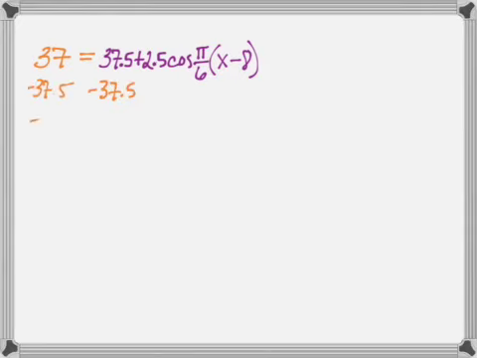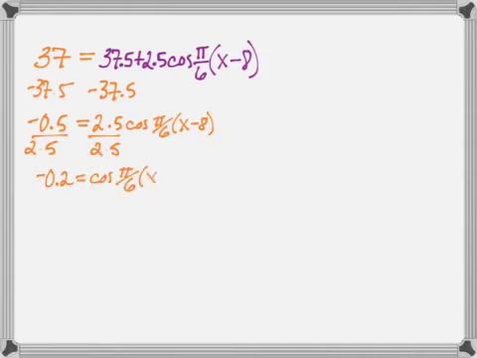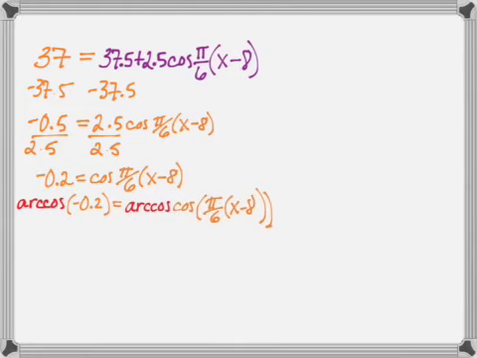So I start plugging through it, just like you did in algebra class. I divide by 2.5. And now to my inverse operation for cosine, I'm going to use arc cosine. So I apply it to both sides. Arc cosine of negative 0.2, arc cosine this. These are going to cancel. That's why I did it.